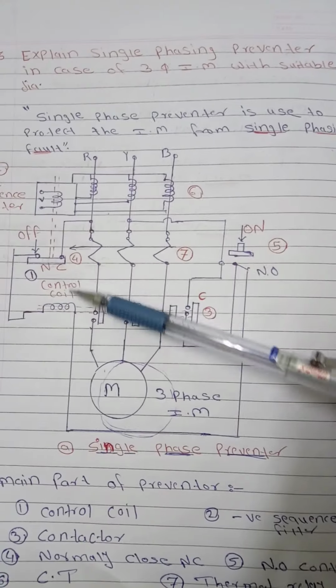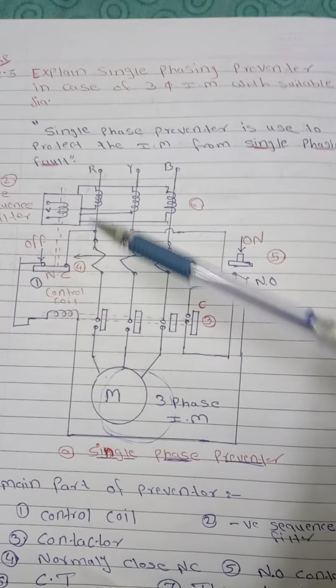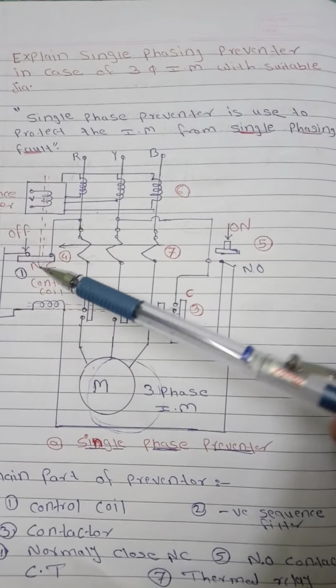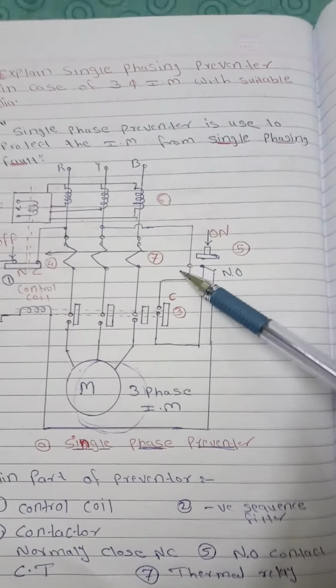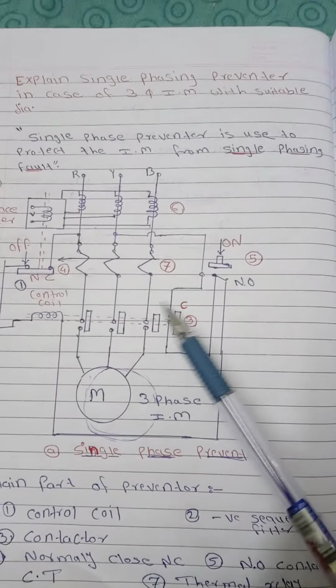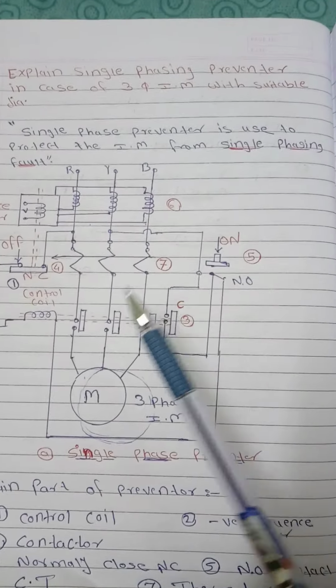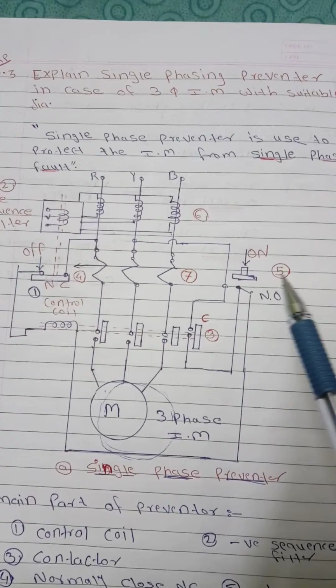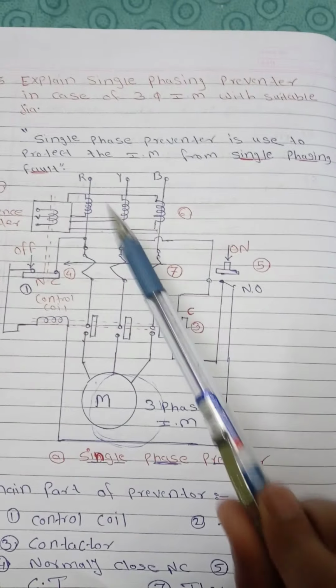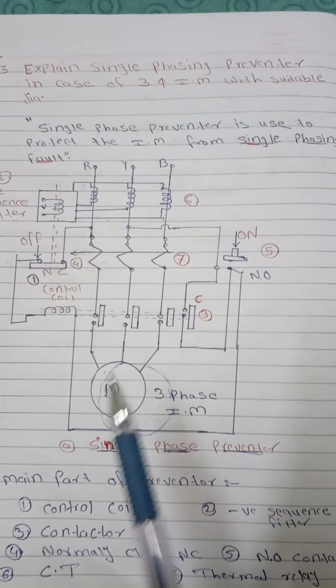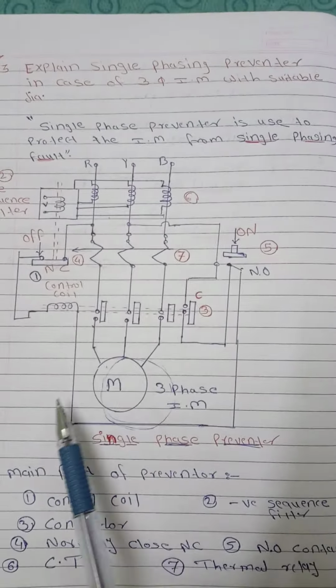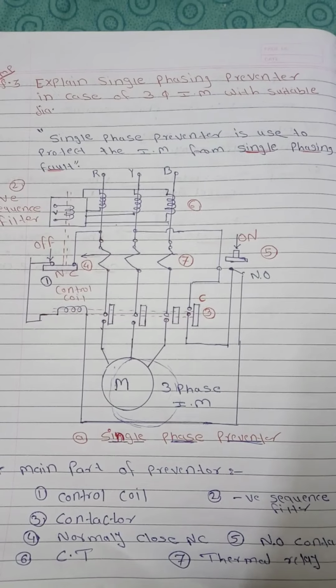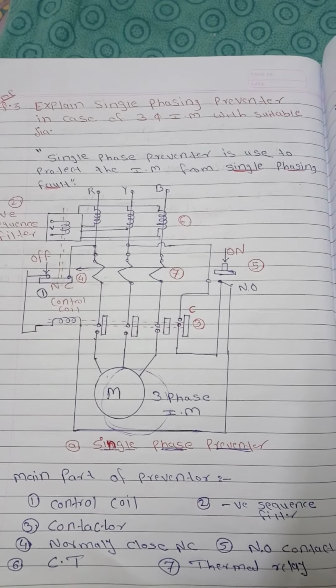This sends a signal to the tripping coil in the starter, and the NC contact will open. At this time the contactor will also open. If any fault occurs in one phase, the motor is disconnected from the RYB line. This type of preventer is used in small and medium capacity motors, such as in electrical panels and other electrical motors. Thank you.